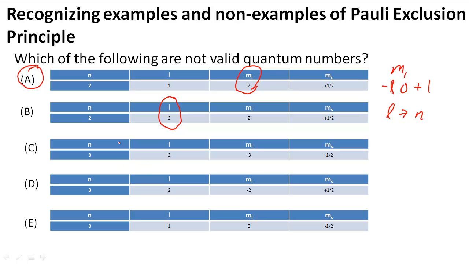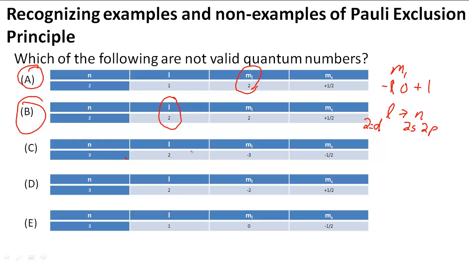So if N is 2, then L has to be 1. This makes sense because 2 in an L stands for a d orbital. However, N equals 2 only has s and a 2p orbital, and so that one is also not a valid quantum number, so that doesn't work.